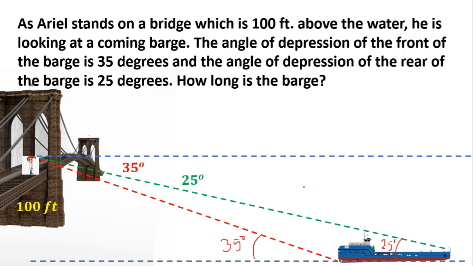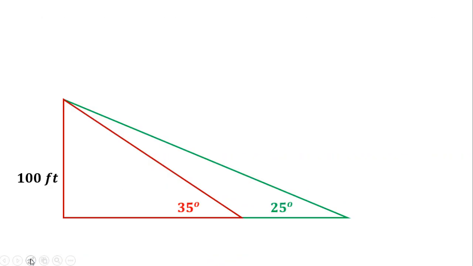So the question: how long is the barge? Let us make it simple for this illustration. We have 100 feet on this side, and we have two right triangles. One has a 35 degree angle and the other a 25 degree elevation.